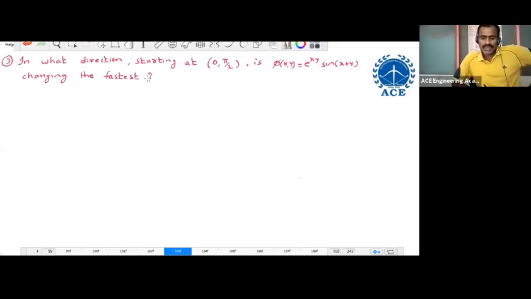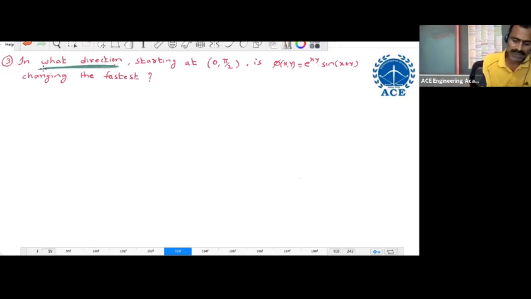In what direction starting at this point is phi changing the fastest? That is, we require the fastest change. We are asked to find the direction vector along which the fastest change of phi occurs.